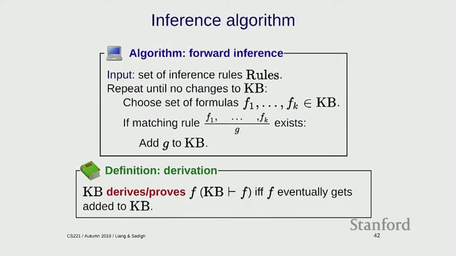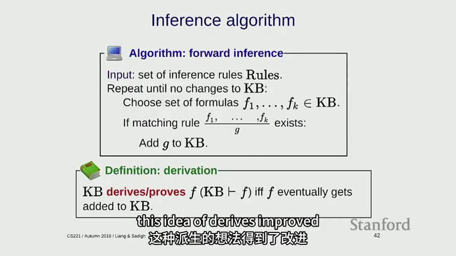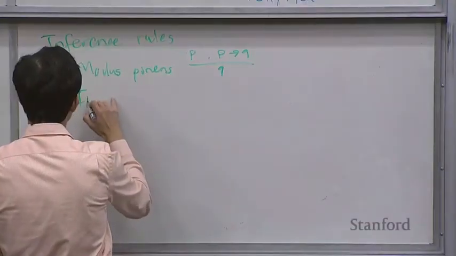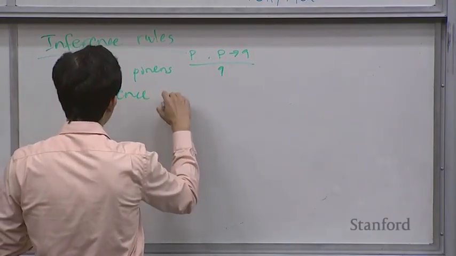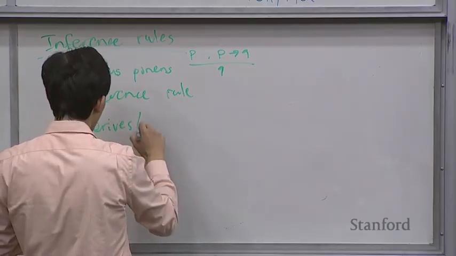So the other definition I'm going to make is this idea of derives and proves. Inference rule derives, proves.